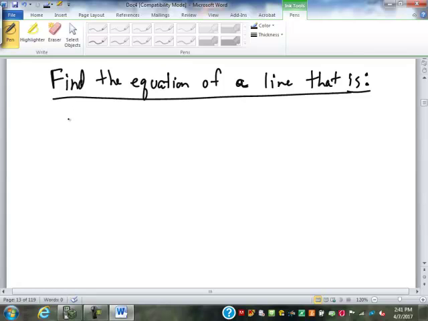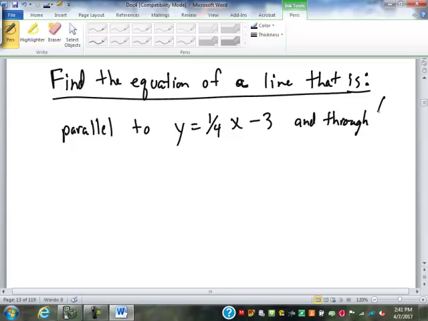So find the equation of a line that is parallel to y equals 1/4 x minus 3 and through the point 2, 5.